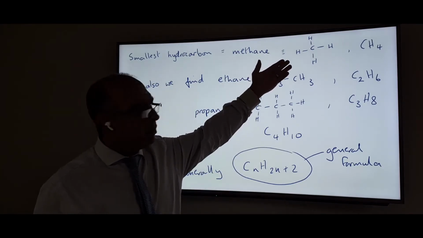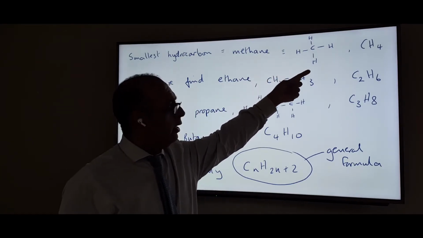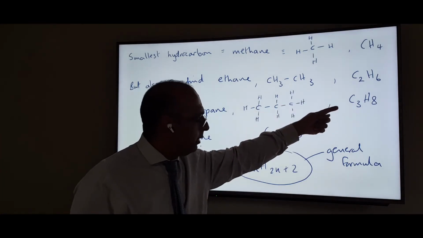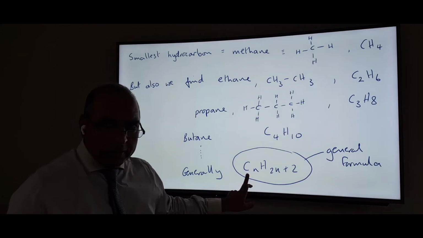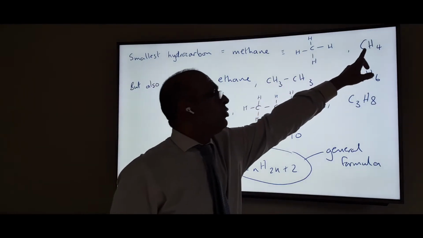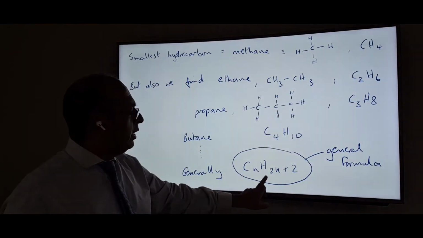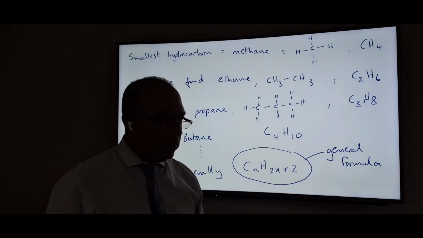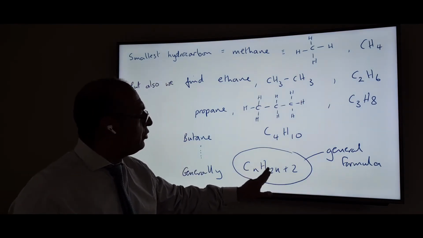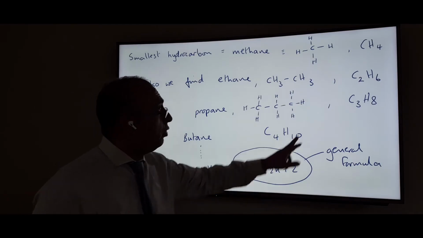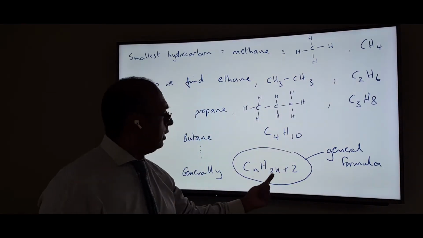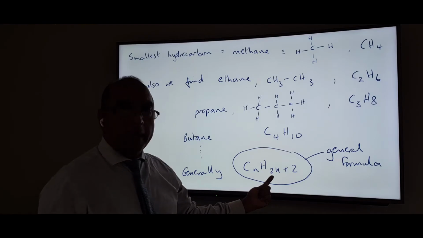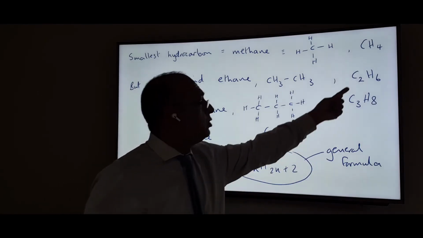Can you see a pattern between methane, ethane, propane and butane? The pattern is that for every carbon, if carbon is 1, C1, the number of hydrogens is double it, add 2. C1, H: double it, 2, add 2 is 4, CH4. What if n is 2? Double it, 4, add 2, 6, C2H6.